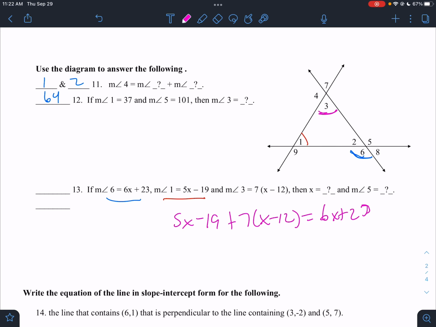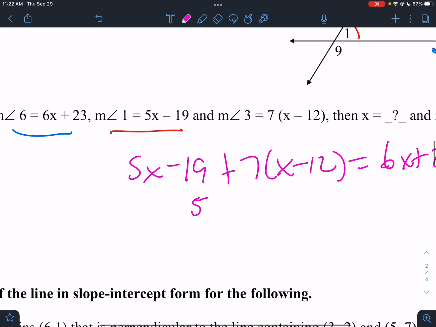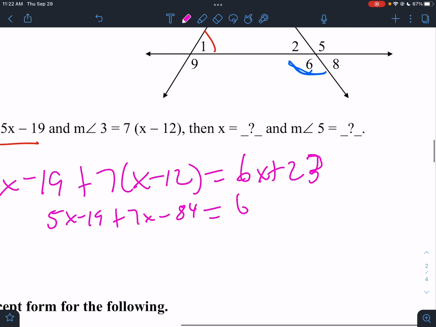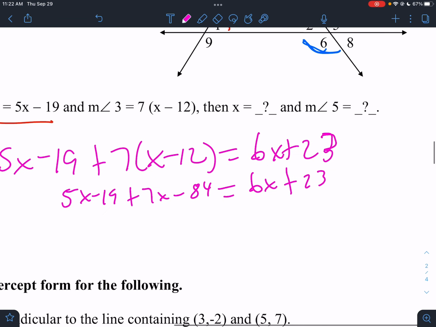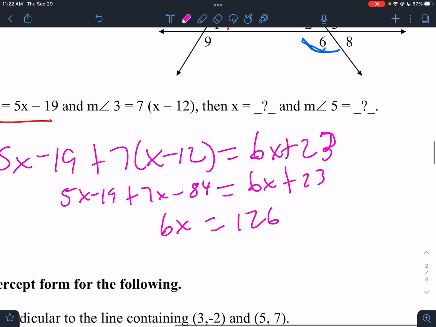R plus R equals E. Clean this up. This would be 5x minus 19. That'd be 7x, that'd be 84. This would equal 6x plus 23. That would get me 12x, 6x. That would give me negative 84, negative 103. So it'd be 126.